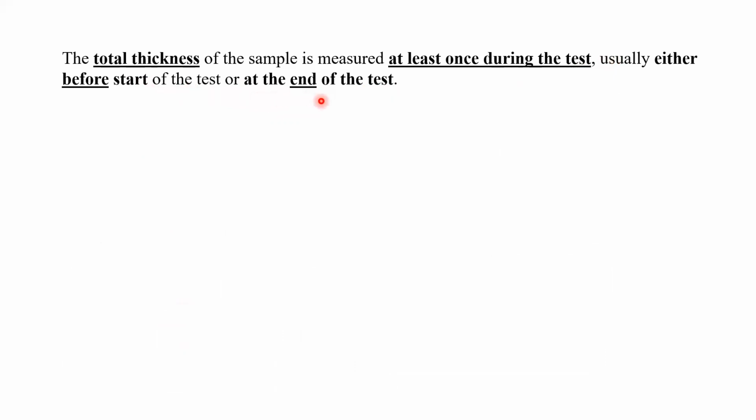So before the beginning of your consolidation test we can measure the total thickness, or once the test is over, we can also measure the total height of the sample.